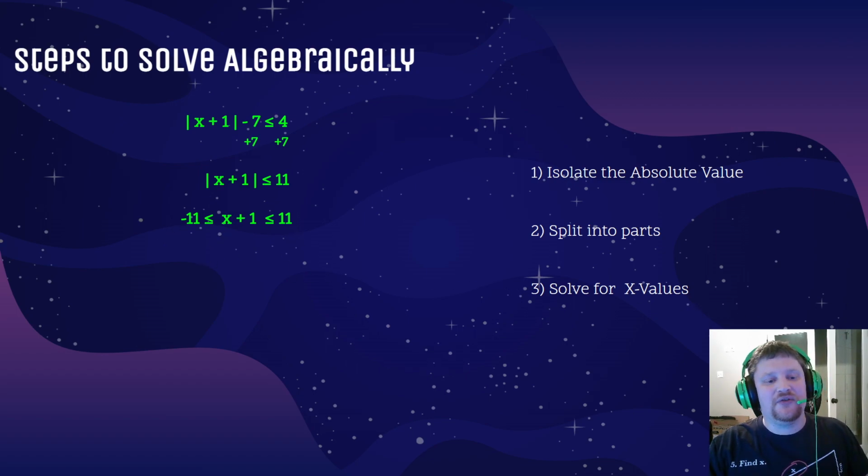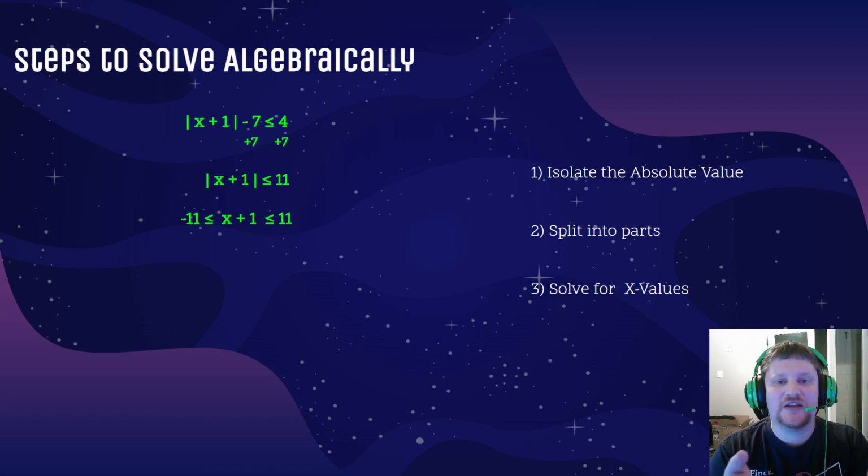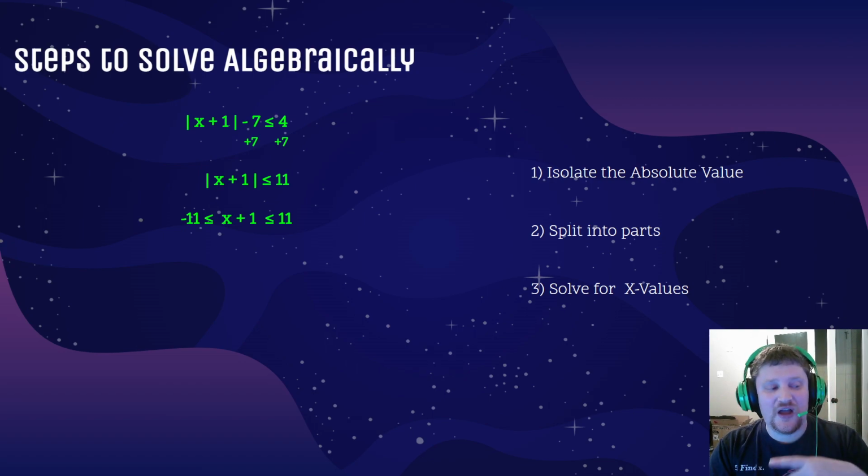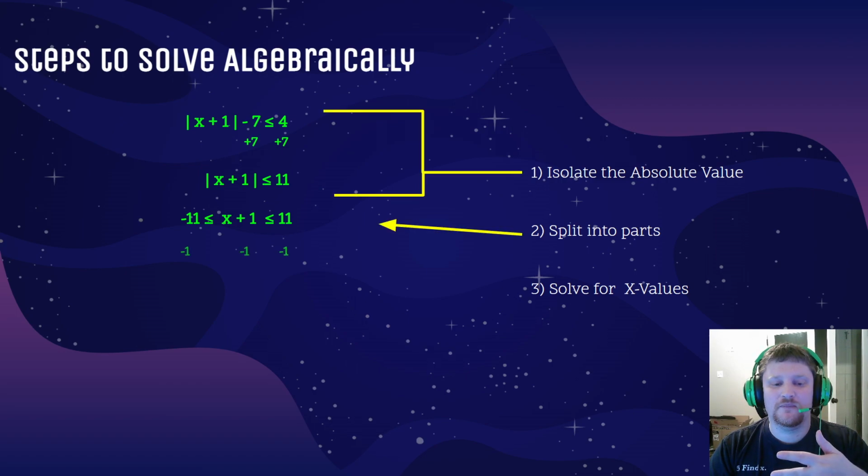Now what's really cool about this is now I've gotten rid of the absolute value sign, I can just finish solving the equation. The only thing that I have is addition or subtraction. I have plus 1. The opposite is minus 1. So if I do that to the middle, I don't just have to do it to both sides, because there's not 2 sides. There's 3 parts. So I'm going to subtract 1 from all 3 parts.